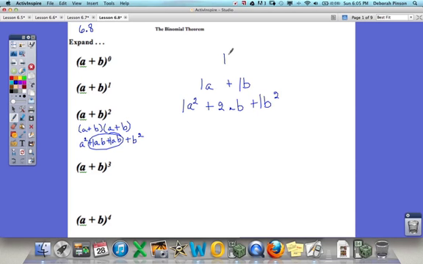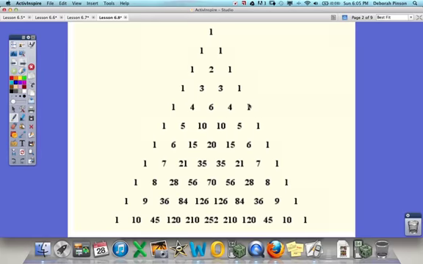If I were to continue on, it continues in a pattern that's called Pascal's triangle. See how this is the part we had right here? Now just coefficients. We had a plus b, a squared plus 2ab plus b squared, but just the coefficients fit in with this.